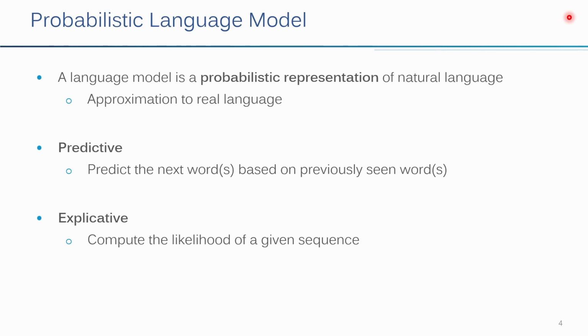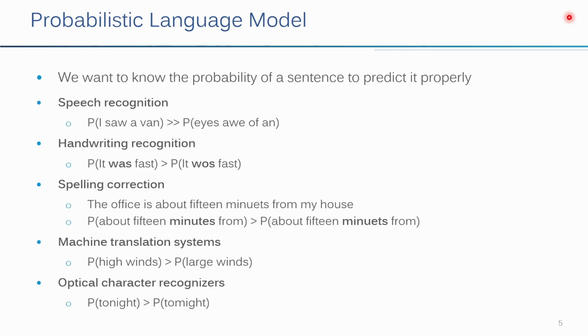And moving a bit to more practical applications. So the idea is we use this language representation, this model, to calculate that a given sentence makes more sense than some others.